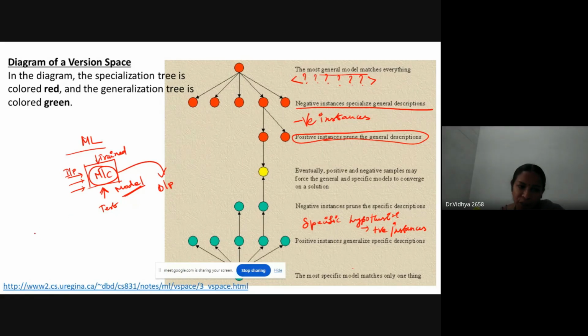If there are a lot of question marks, that means the attributes are more general, not specific, so obviously this will return all kinds of possibilities. Sometimes the model may represent a positive instance correctly, and sometimes it may represent a negative instance wrongly as positive.